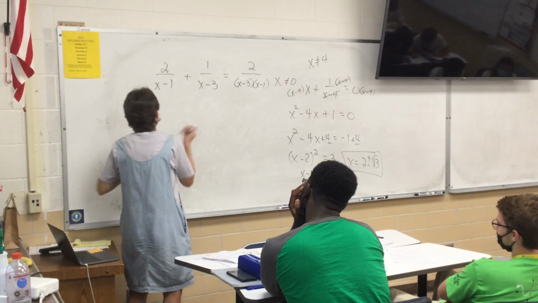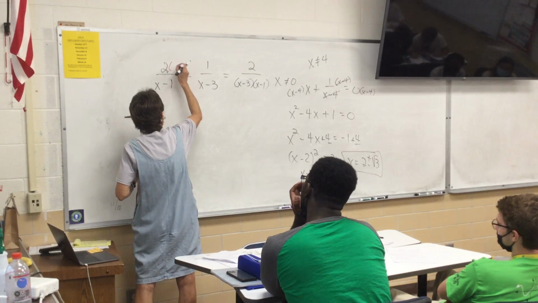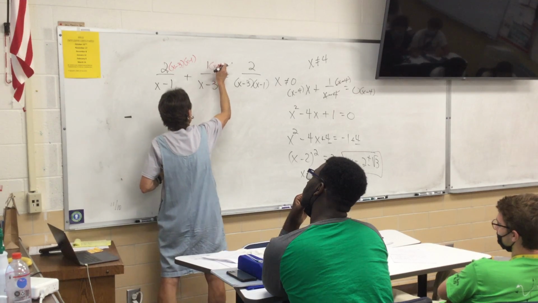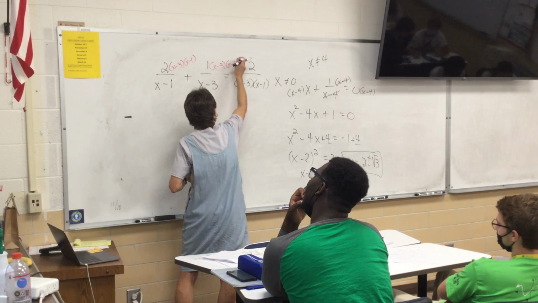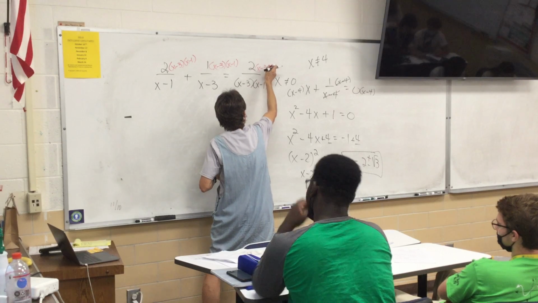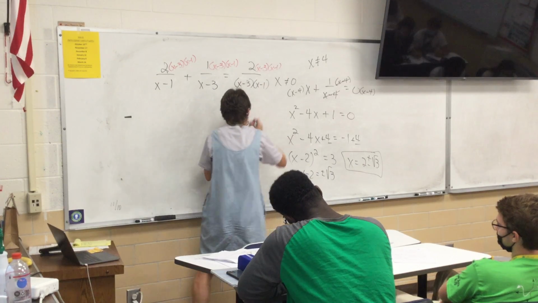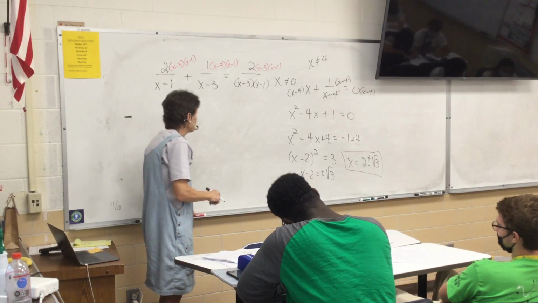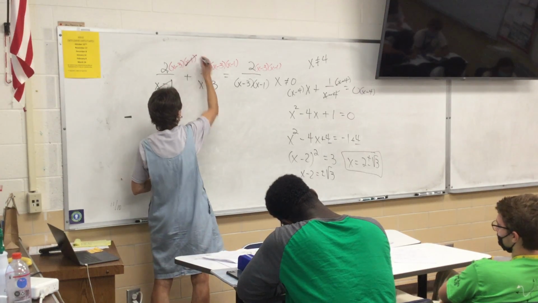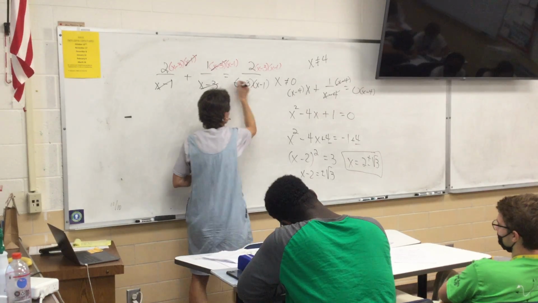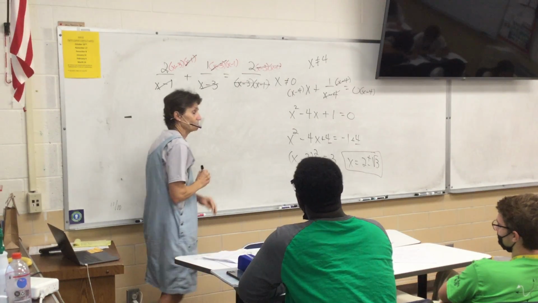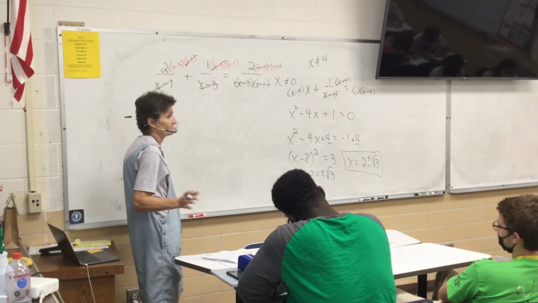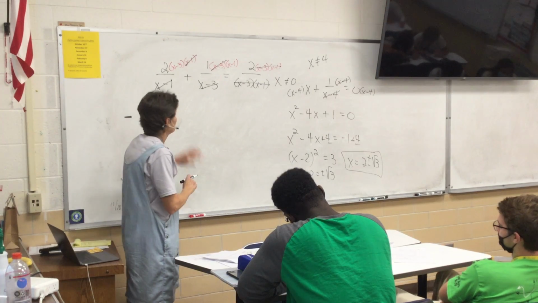We're going to multiply everything by x minus 3 and x minus 1. Remember that the reason you did that is to cancel your denominators. There are no denominators left. You got rid of them all.